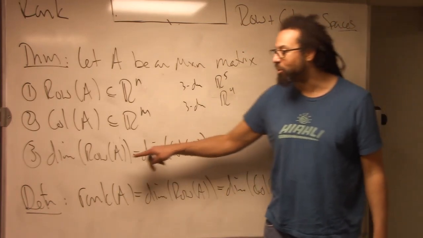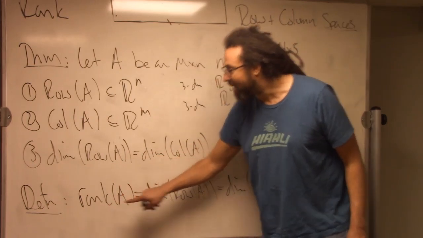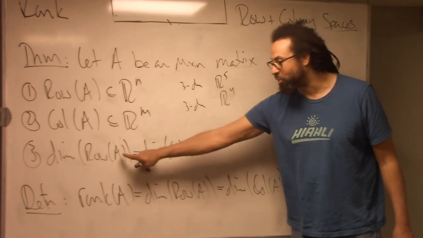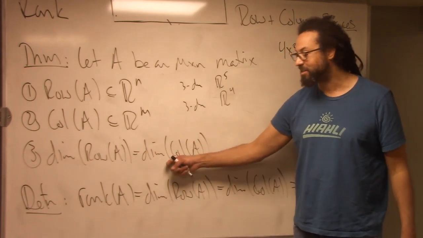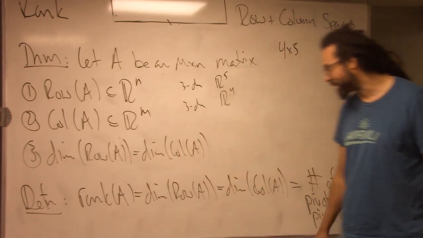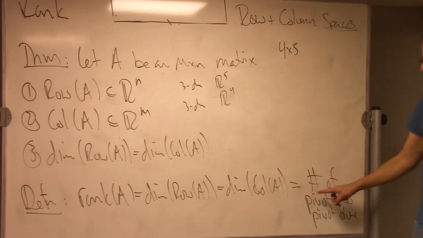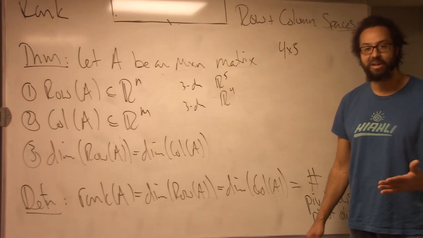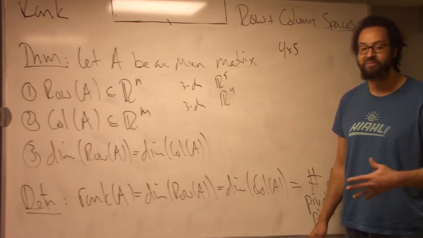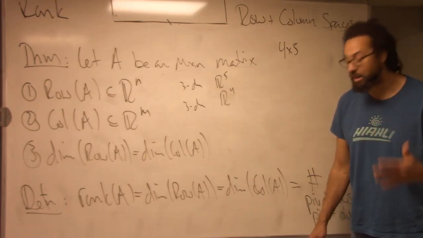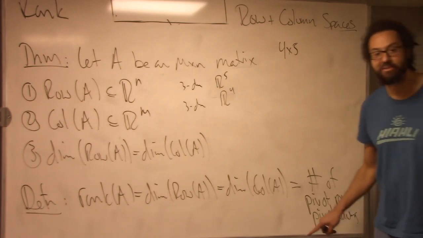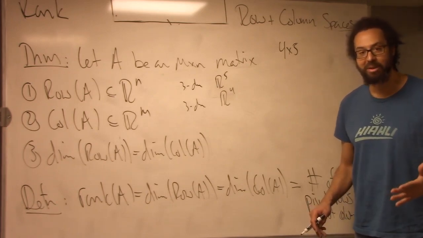And so now we'll make a definition. The rank of a matrix A is just the same thing as the dimension of the row space, or if you like, it's equal to the dimension of the column space. And we saw that the dimension of a vector space spanned by a set is just the number of pivot rows or pivot columns of an appropriate matrix.